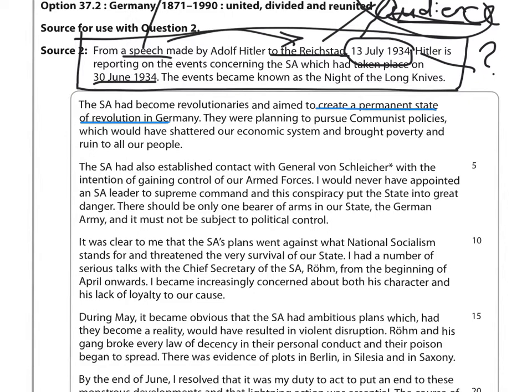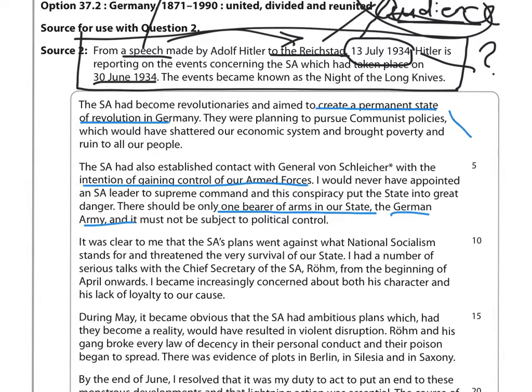Reading on a little further, it talks about the intention of gaining control over our armed forces, which is clearly a threat to the state, because the source is saying there should only be one bearer of arms in the state, and that is the German army.